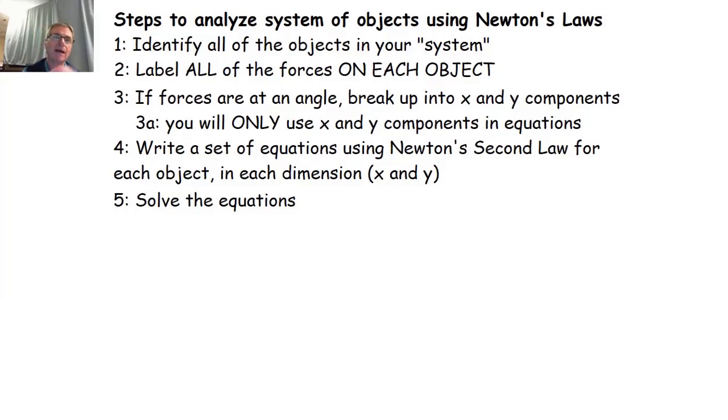Like I may have a block connected by a lightweight rope to another block, and I'm really only interested in the blocks, in the mass of the blocks. This one might be 20 kilograms, and this one might be 40 kilograms, and you might hear something like the rope connecting them is lightweight.